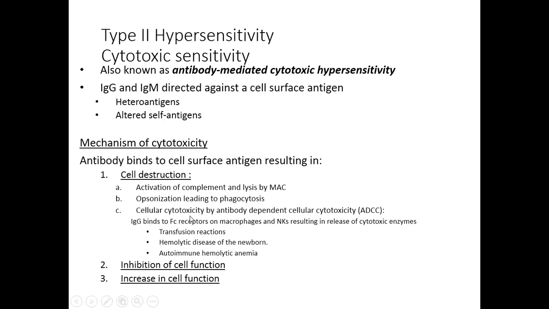Cellular cytotoxicity, right? So toxicity to the cell by antibody-dependent cellular cytotoxicity. That's what we just said this was. It's antibody-mediated cytotoxic hypersensitivity.